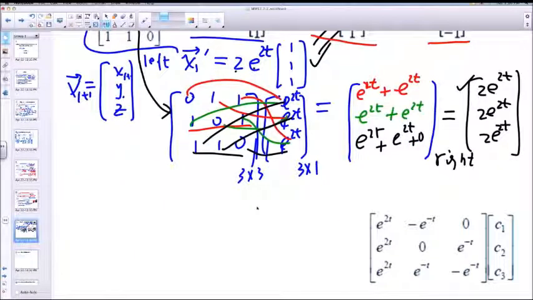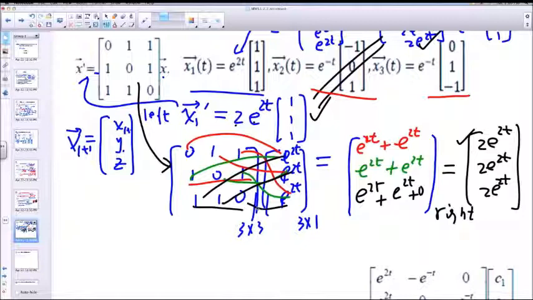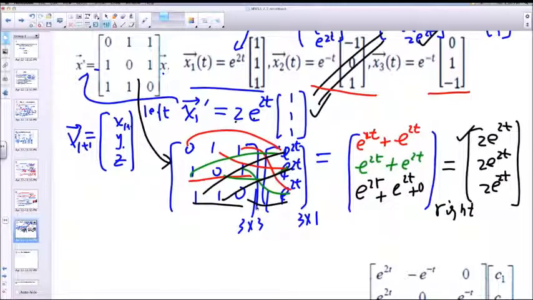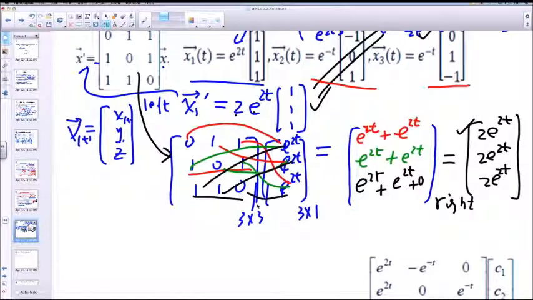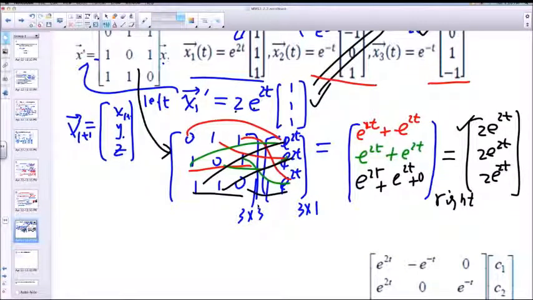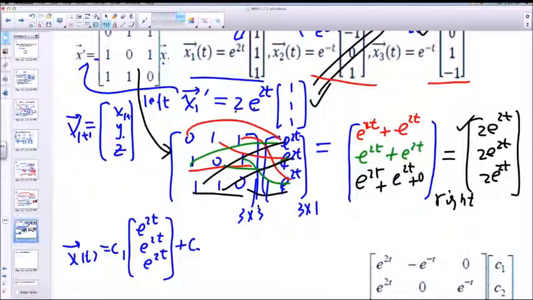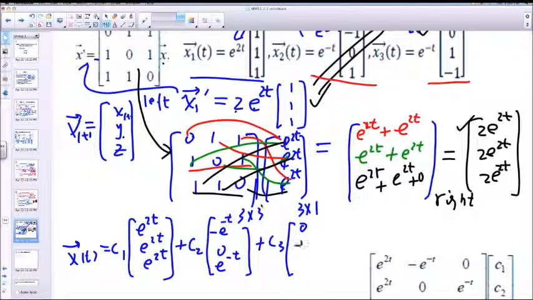So after you get this, what does my solution look like? My solution will look like this. x(t) equals c1 times x1(t), which is e^2t, e^2t, e^2t, plus c2 times the second one, which is negative e to the negative t, 0, e to the negative t, plus c3 times the third one, e to the negative t, e to the negative t.